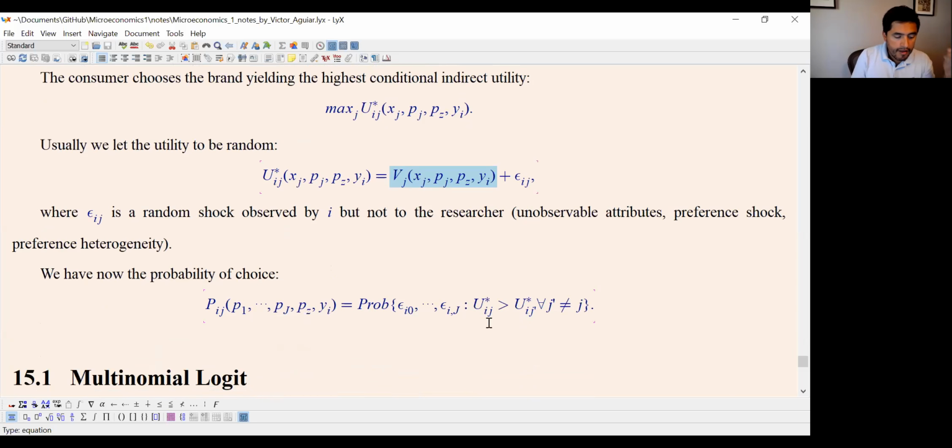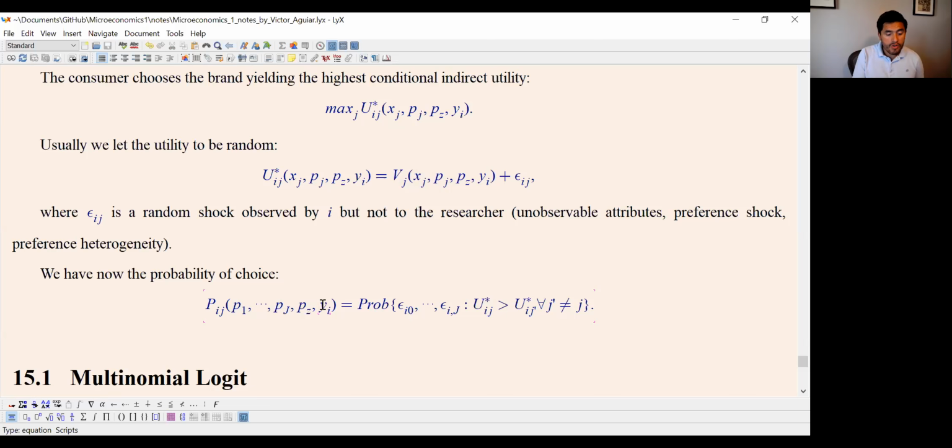So to understand the model, I'm going to try to model the probability of choosing alternative J when prices are P1 to PJ, the outside price is P0, and you have income Y, okay?